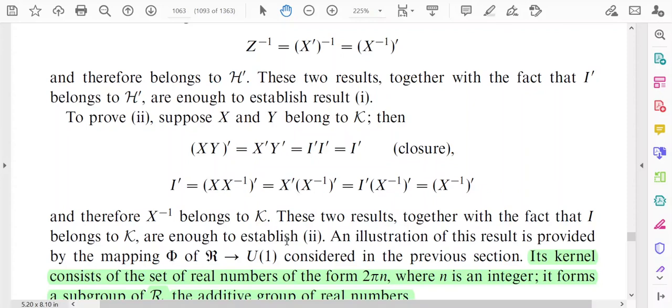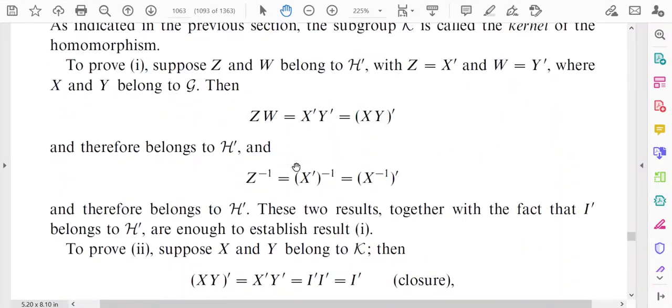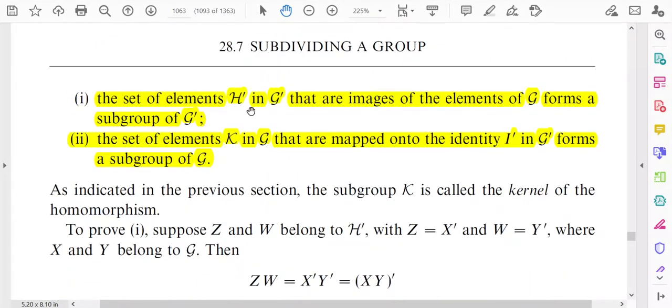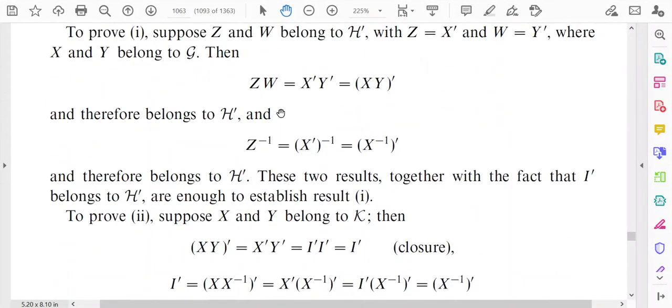That is, we are checking the closure property, the existence of the inverse, the existence of the identity, etc. And by applying those conditions, we are saying that the elements of the kernel form a group. And if capital H is a subset or subgroup of G, then H prime will also be a subgroup of G prime, that we have shown here.